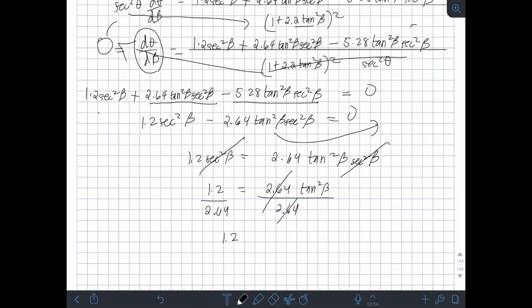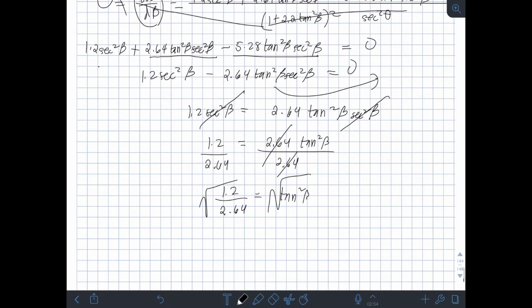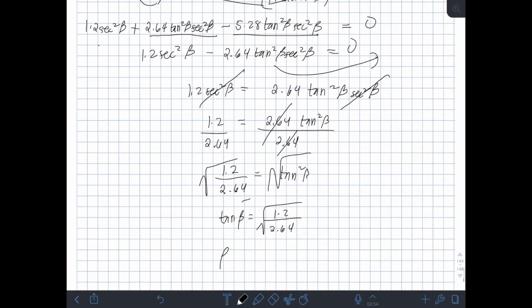So, cancel. 1.2 over 2.64 is equal to tan squared beta. Square root both sides, we have tan beta is equal to square root of 1.2 over 2.64. Then solve for beta, inverse tangent of square root of 1.2 over 2.64. Ilan to?